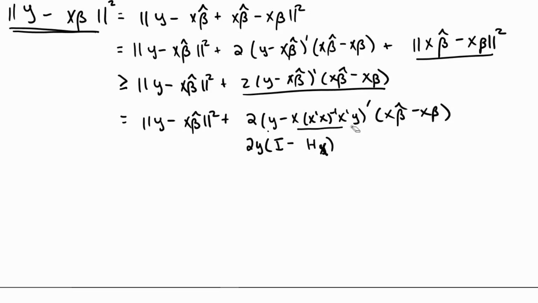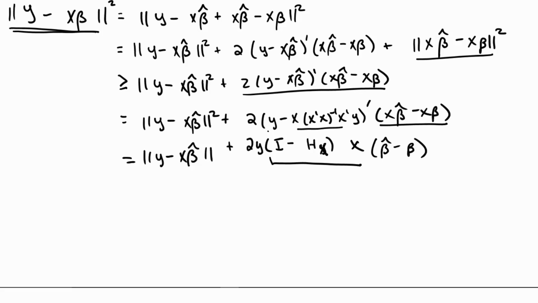So I can write that as 2 (I minus H(X)) y, and then over here looking at this term, I can pull an X out and I get X (beta hat minus beta), plus y minus X beta hat. Then recall, if I take I minus H(X) and multiply it times X, I get 0. So this whole term right here is 0.